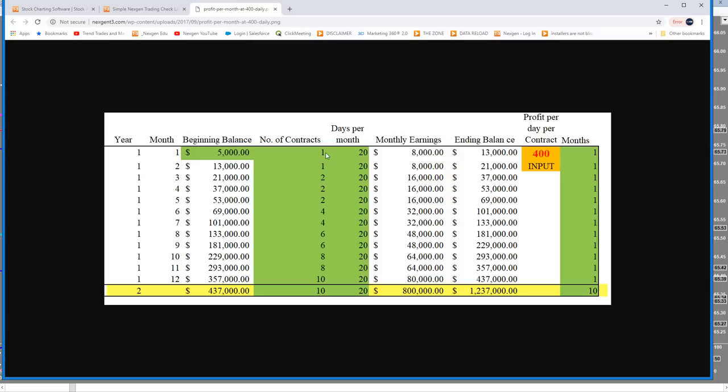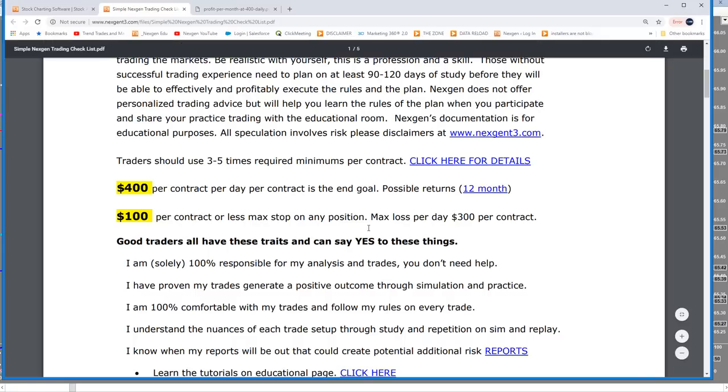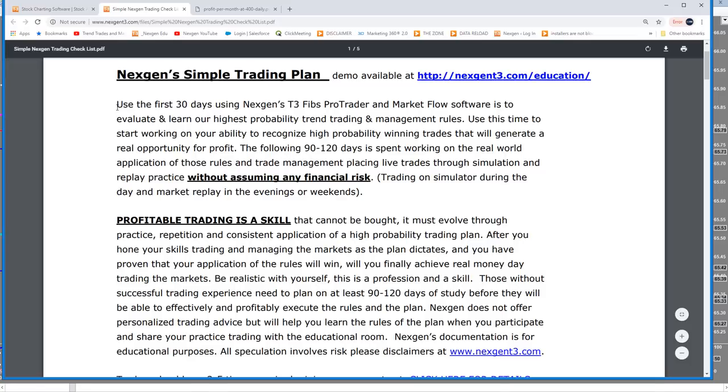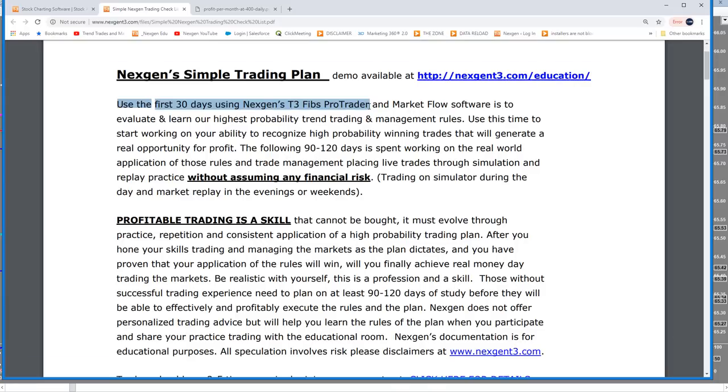All right, so again, I talk about something that happens a lot. You're not going to make any money day trading until you've done the right things, until you know what you're doing. So one of the things in our trading plan: you're going to use the first 30 days with us, using the demo time to say, hey, is this thing even worth it?